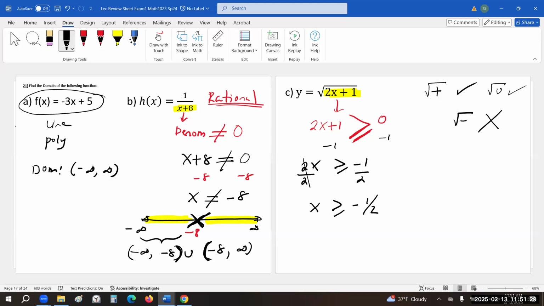It cannot be anything smaller than -1/2. So let's say -1/2 is here, and on the right side we have positive infinity. We're going to start from -1/2. So x can be equal to -1/2, we have no problem with that, and x can be bigger than -1/2.